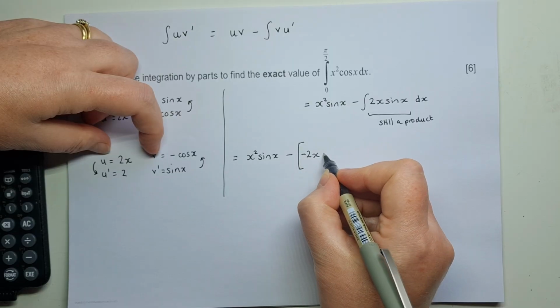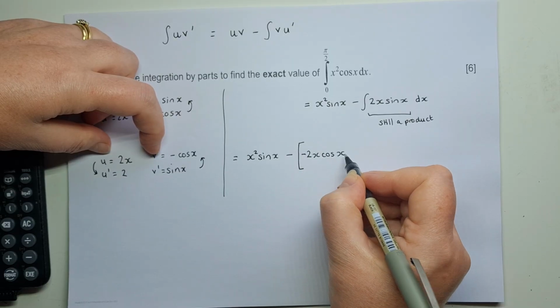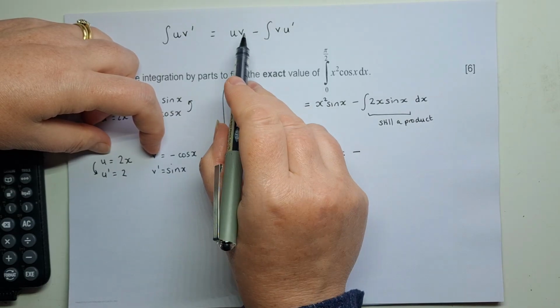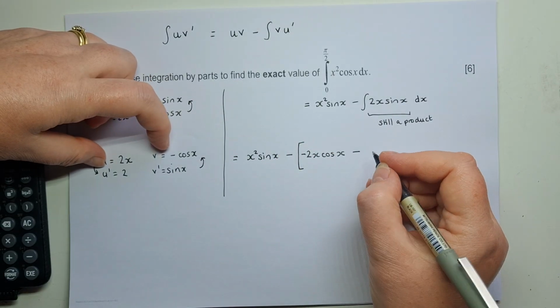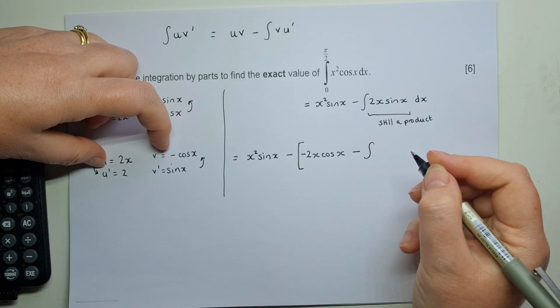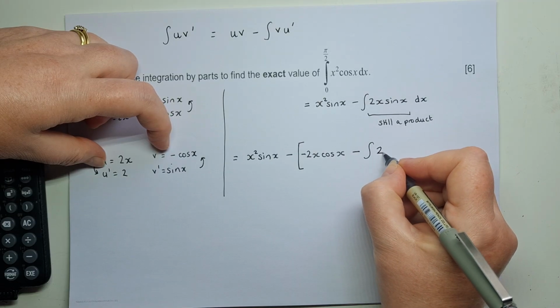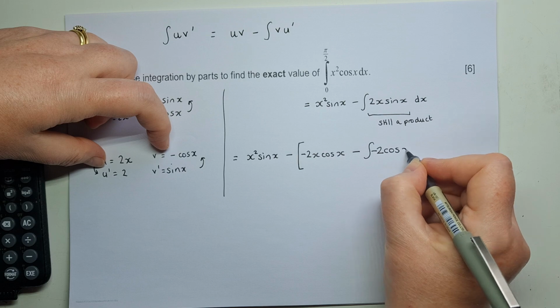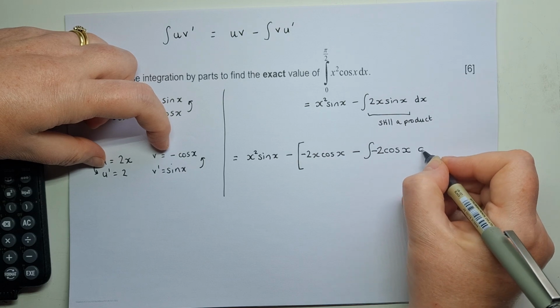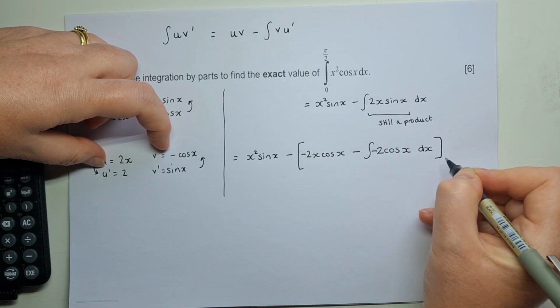Let's pop the minus sign at the front. Okay, take away from the formula my u dash times my v, so the integral of 2 times negative cos x dx. Close the big bracket.